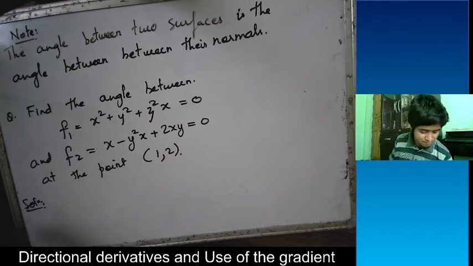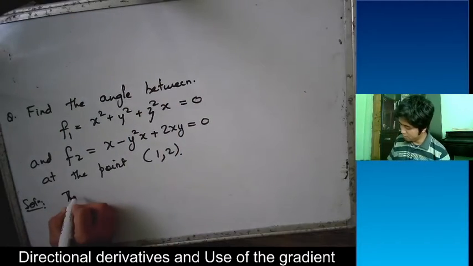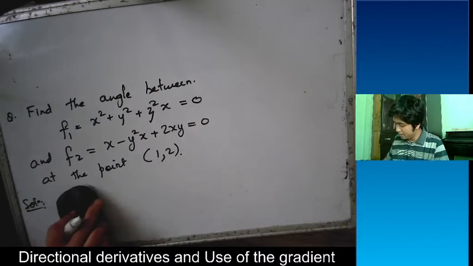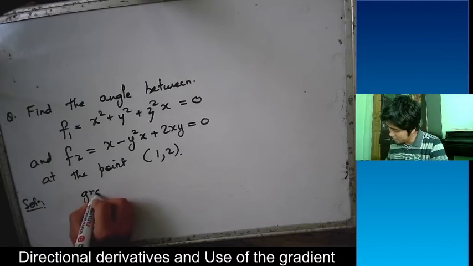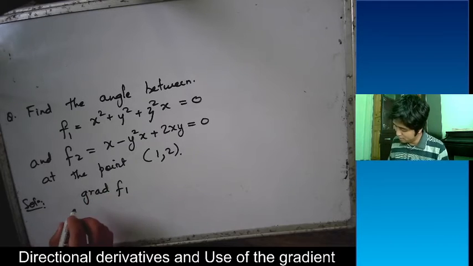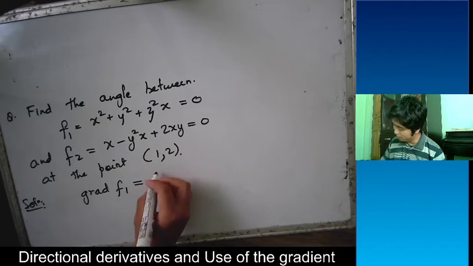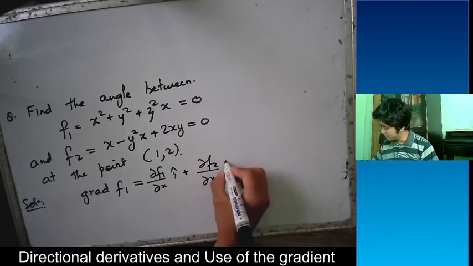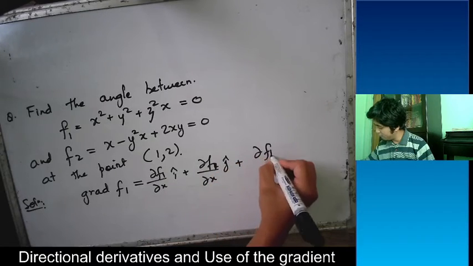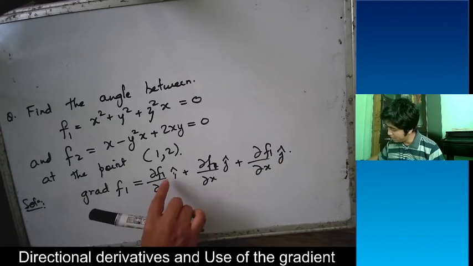Okay, solution. The normal vector. I think it is best if we find this one. Since we have to find the normal, first of all we will have to find the gradient. So first let us find grad f1, which is equal to del f1 del x i plus del f1 del y j plus del f1 del z k. Since we are finding grad f1, everywhere over here it is f1.